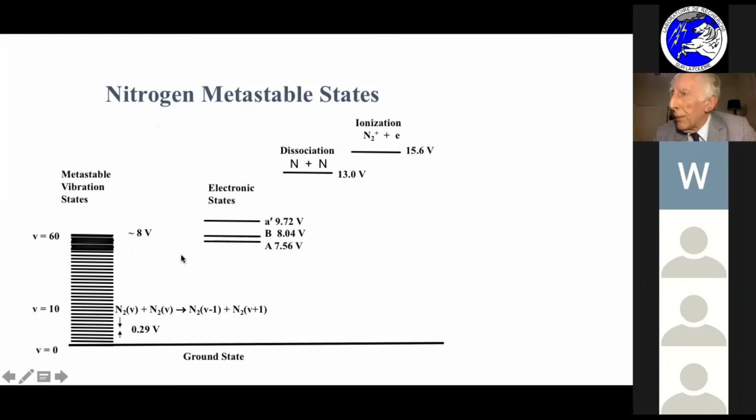And there is some evidence that nitrogen metastable states can increase the excitation of oxygen metastables. But it's known definitely and remarkably that oxygen metastables are not quenched by nitrogen. The quenching rate in nitrogen is 0.